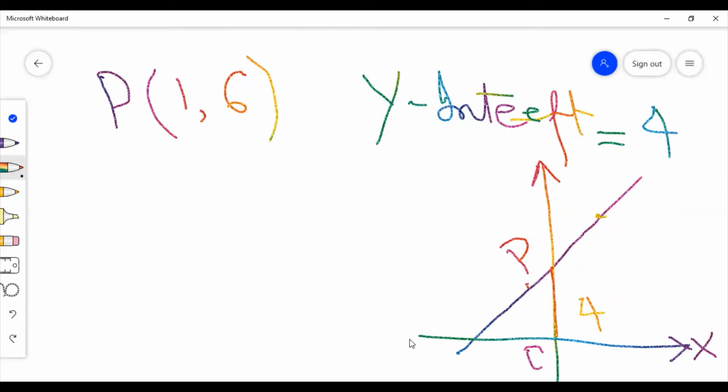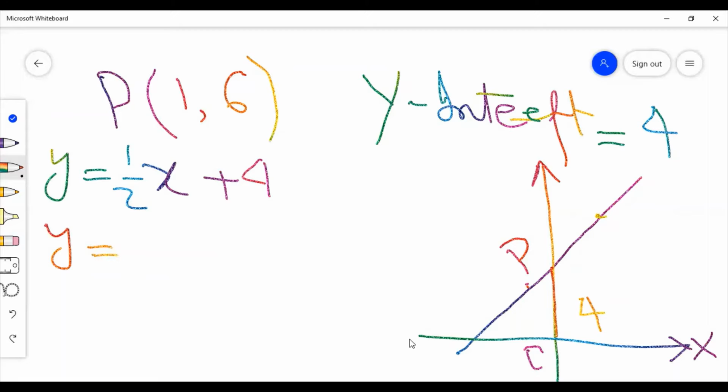Just write down. The first choice is y is equal to half x plus 4. Okay, wait, let me write that down. The second choice is y is equal to x plus 4. The third choice is y is equal to 2x plus 4.